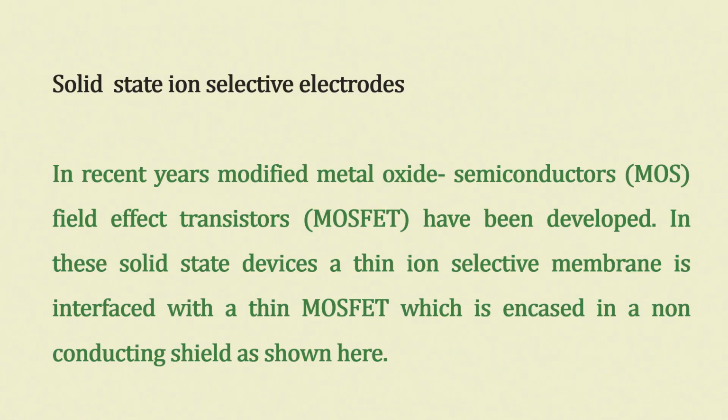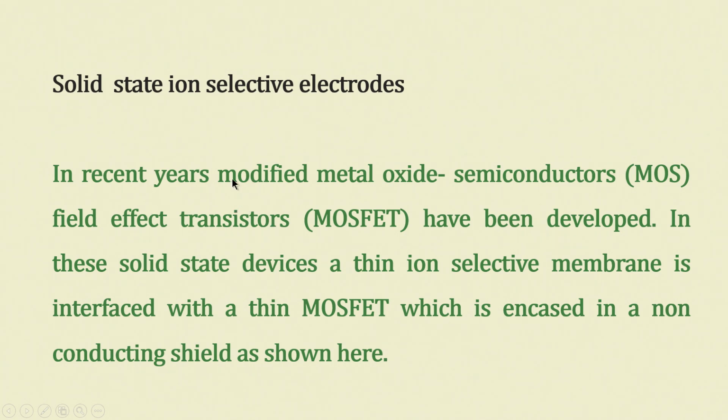So, now I am going to describe to you the solid state ion selective electrodes. In recent years a lot of research has gone into making metal oxide semiconductors, known as MOS, and these are basically semiconductors with field effect transistors.